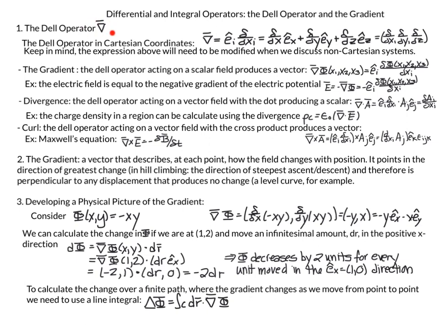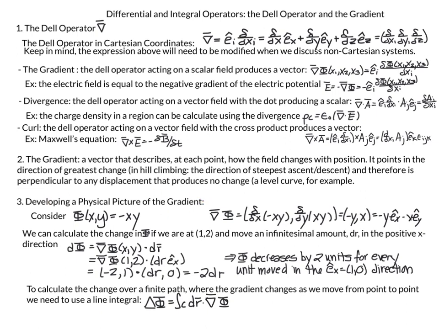After we introduce the Del operator, we will take a look at the gradient, which is the Del operator acting on a scalar field. The gradient is a vector that describes at each point how the field changes with position. It points in the direction of greatest change, we'll talk about hill climbing, and therefore is perpendicular to any displacement that produces no change, a level curve, for example.